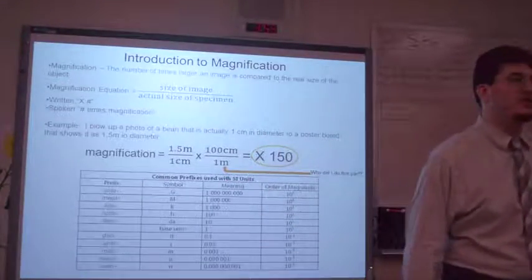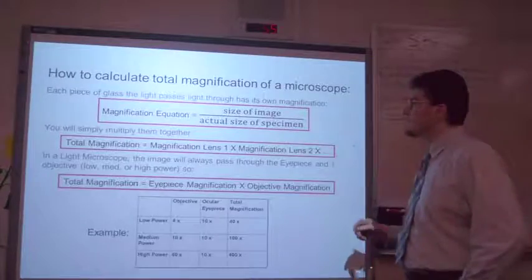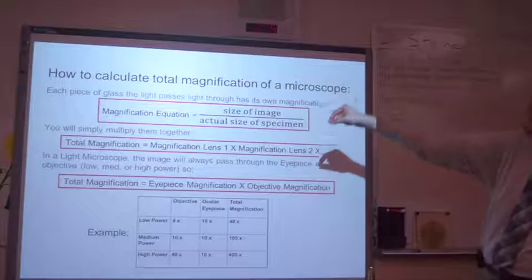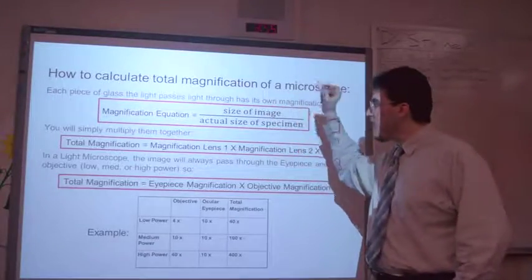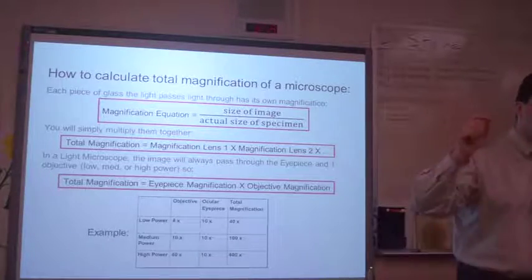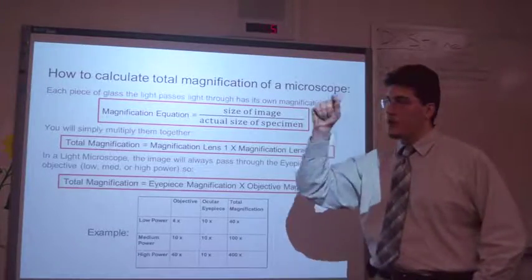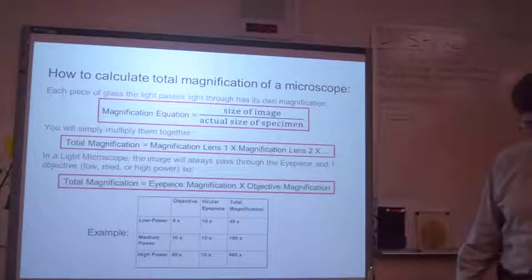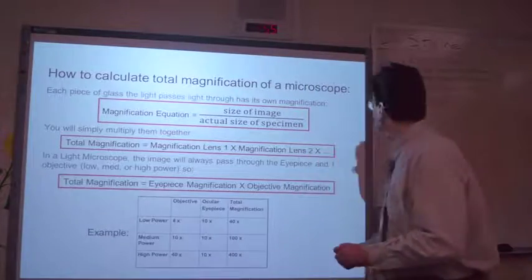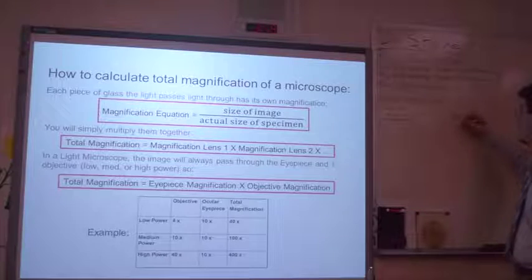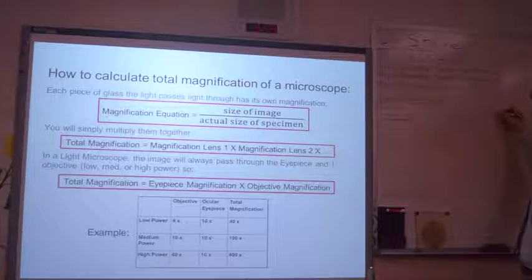That is my magnification in this example. So, my magnification equation is magnification equals size of image over actual size of specimen. Mag equals I over A. M equals I over A.